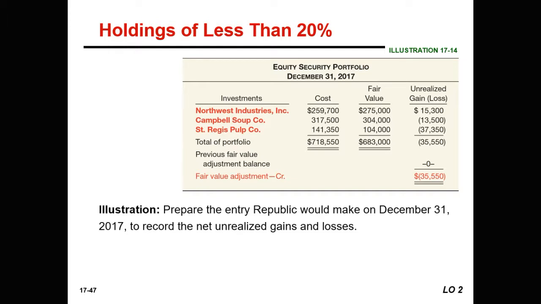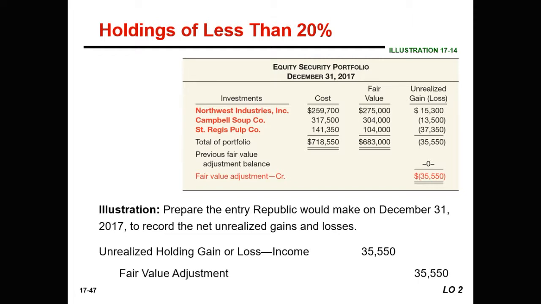We're going to prepare the entry Republic would make on December 31st to record that loss. We would recognize to the unrealized holding gain or loss income statement account $35,550. And we would reduce our balance sheet holdings by $35,550 to the fair value adjustment account.